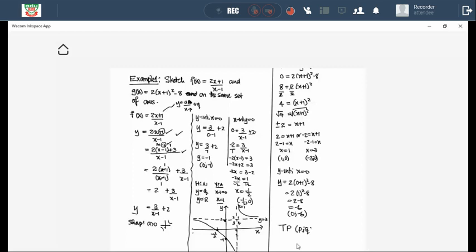My turning point is going to be what? P and Q. Remember, the expression is in standard form. If the expression is in standard form, in this case, you are given an expression of this sort: y is equal to 2 in bracket x plus 1 all squared minus 8. The standard form says y is equal to a(x minus p) all squared plus q.